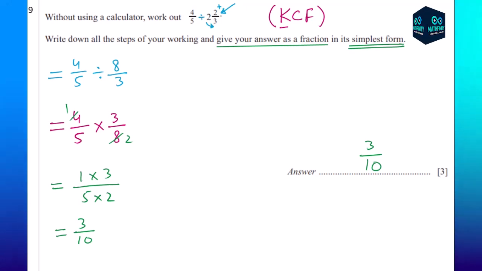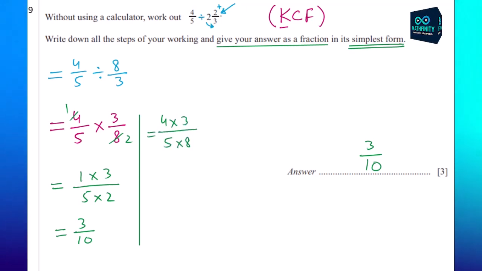And if you don't want to do the cancellation, the same process, you can multiply 4 times 3 over 5 times 8, then 12 over 40, and then you have to think both numbers are divisible by what table.